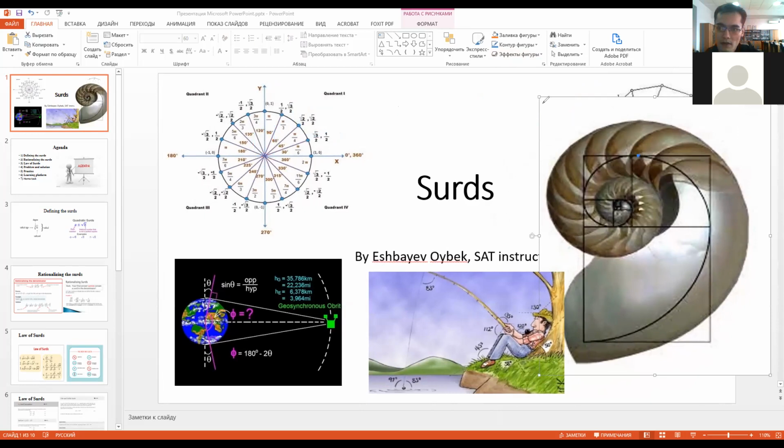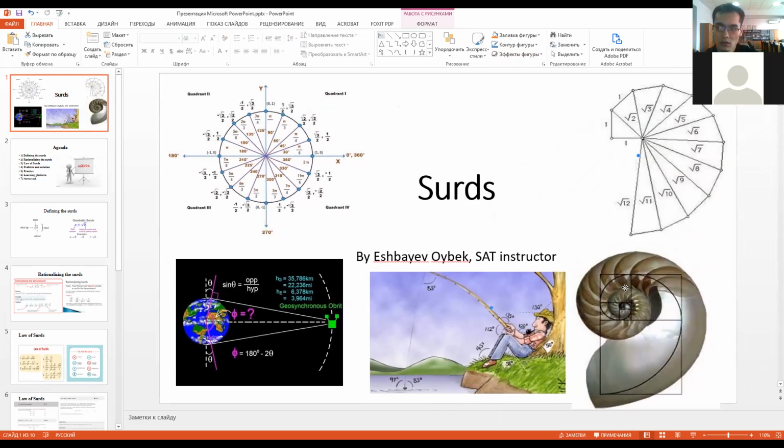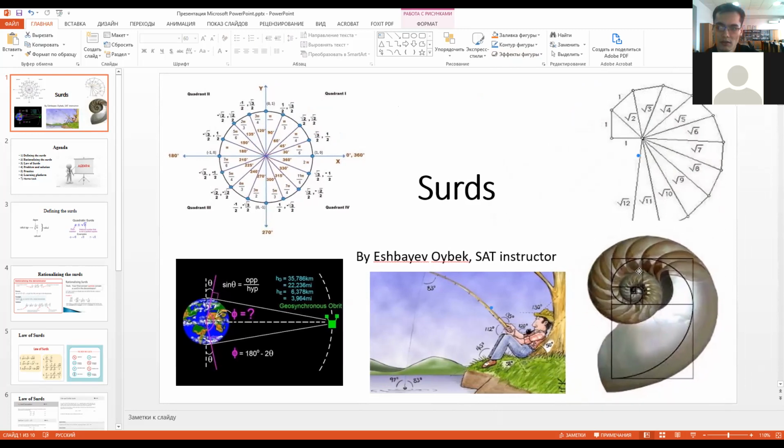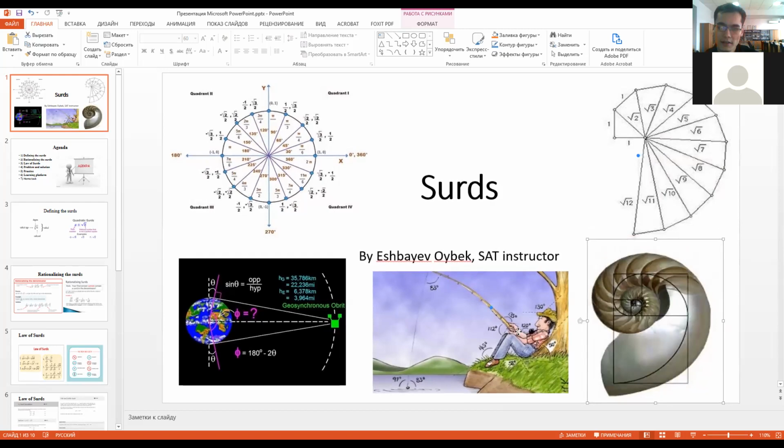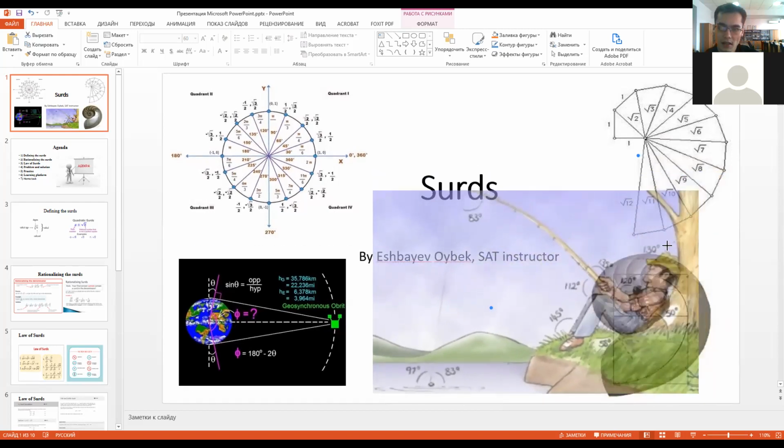And look at this one, the fisherman. What is your idea about this picture? What is the meaning of this picture? Can you tell me? Angles, degrees. Angles can be seen everywhere.